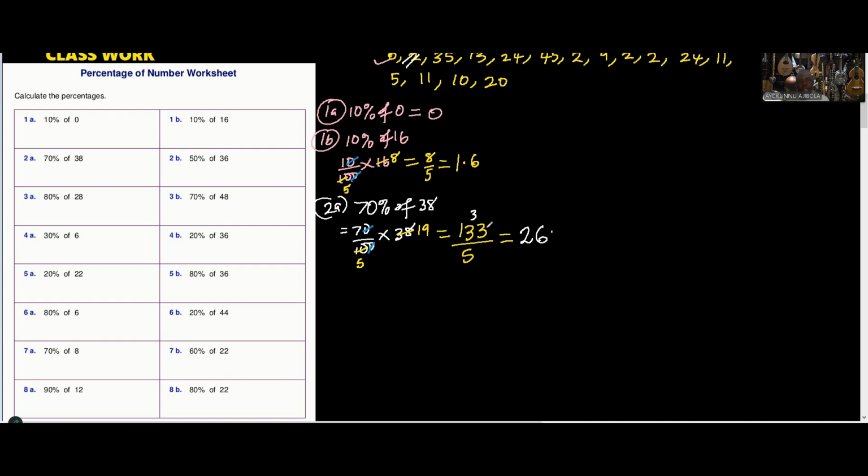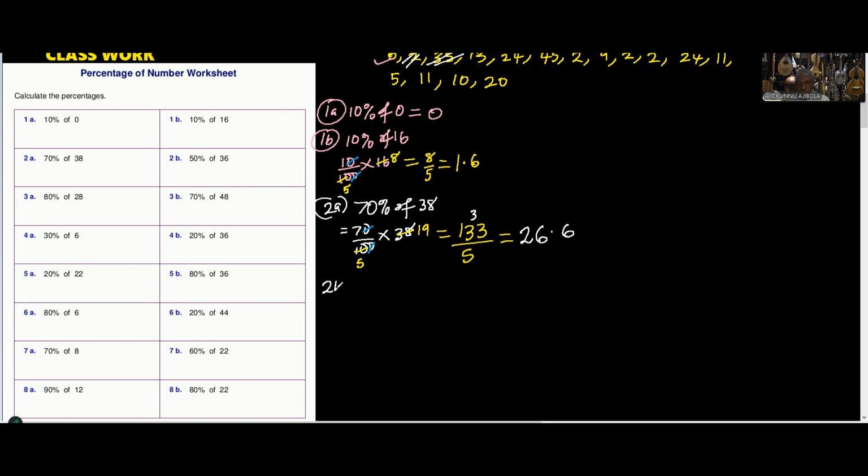Then remainder 3 again. Now, how many 5s in 30? That is 6. So your answer ought to be 26.6. Is that clear? So you take note of that particular one.